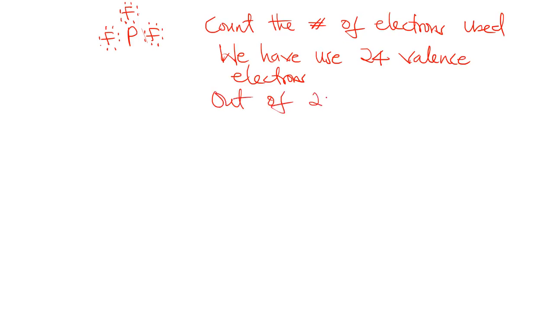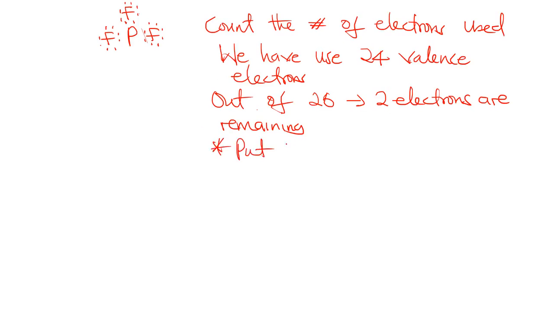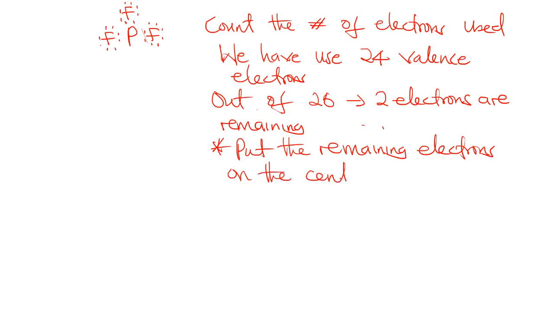Out of 26, 2 electrons are remaining. So where do we put the 2 electrons? Put the remaining electrons on the central atom.